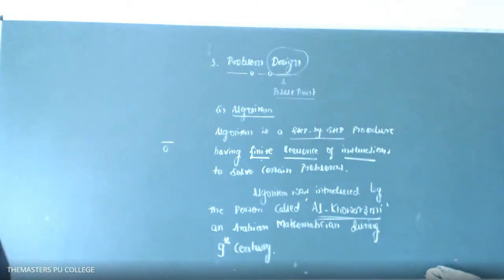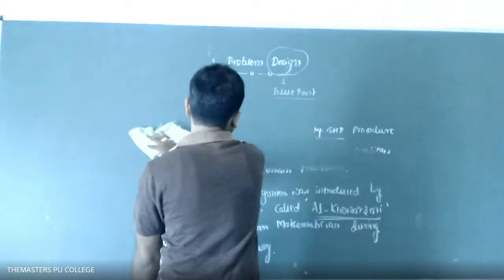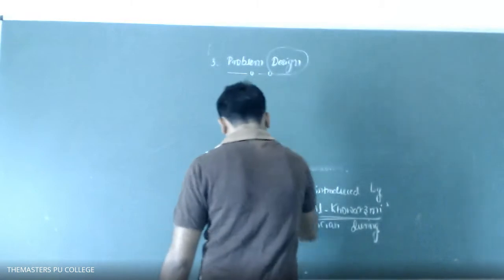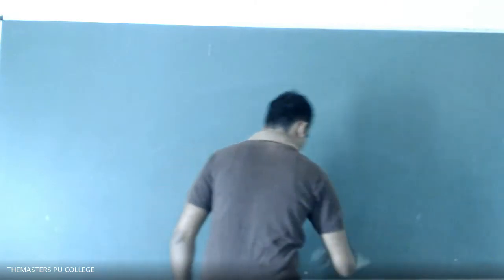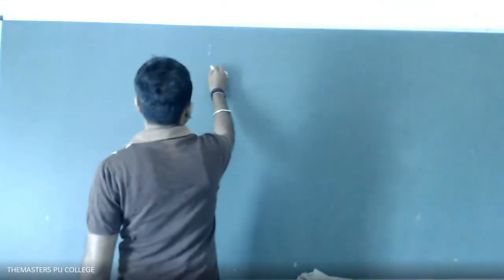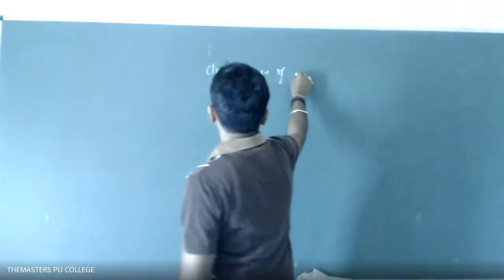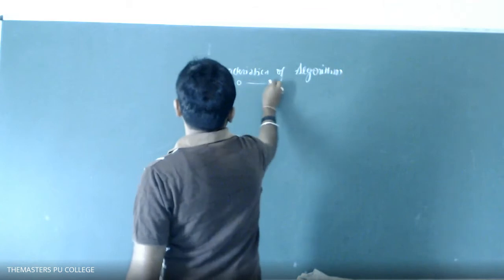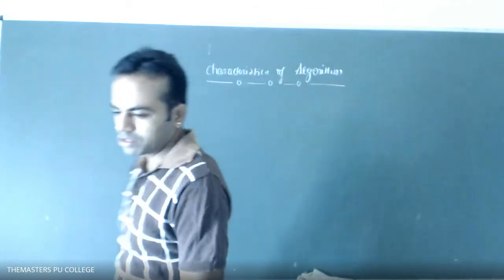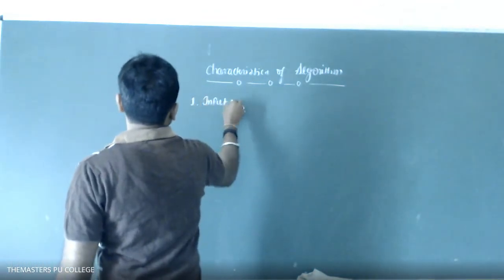Next, characteristics of algorithm. Number one, input.